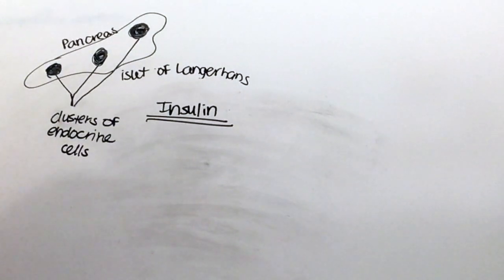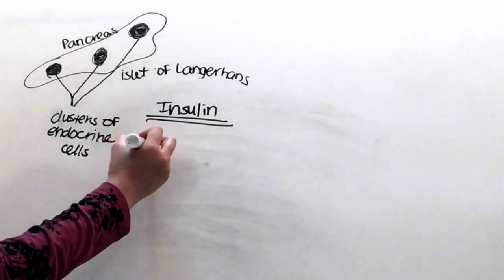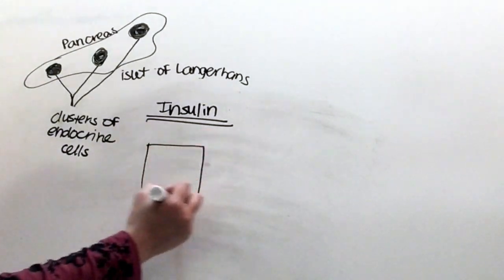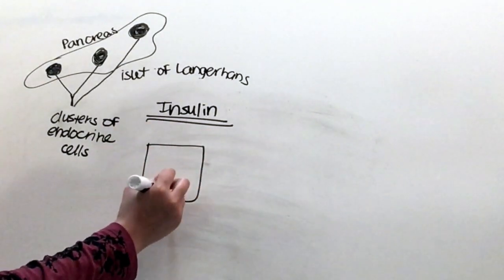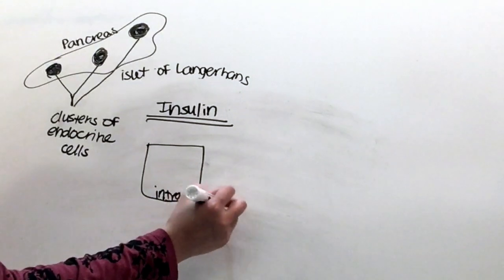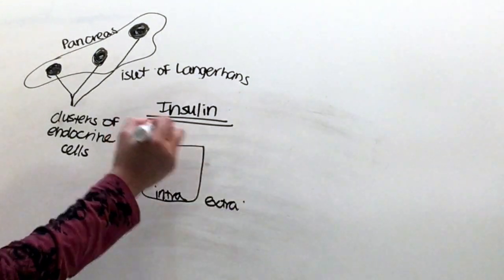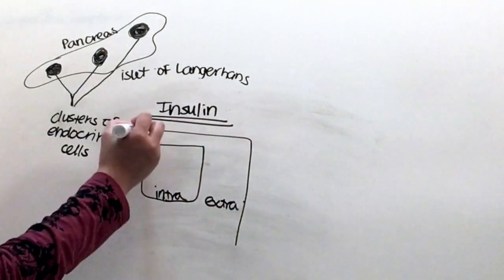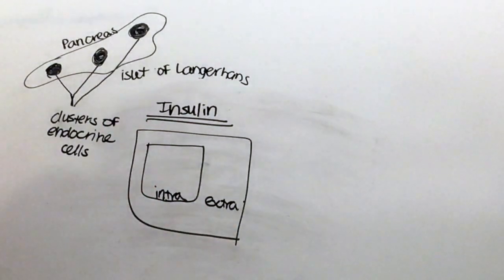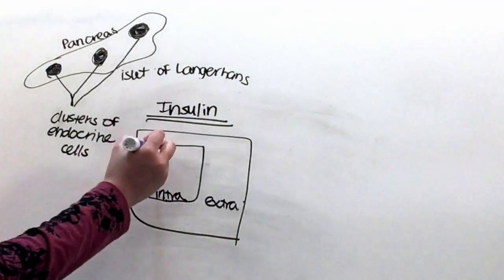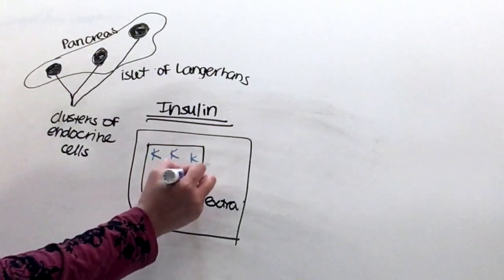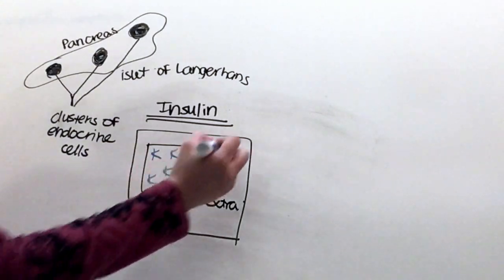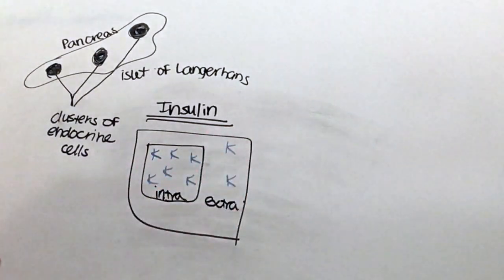So we know that the majority of our storage of potassium is going to be intracellular, right? So let's just say this is our cell right over here, this is intracellular, this is extracellular. We have a very, very high concentration of potassium inside the cell than we do outside the cell, okay?